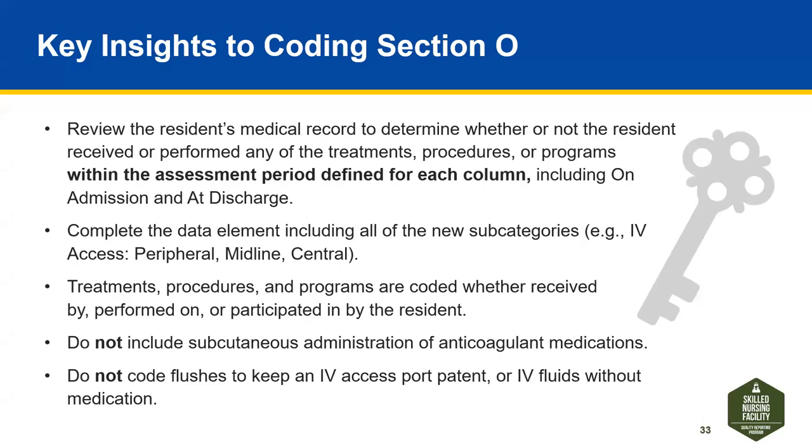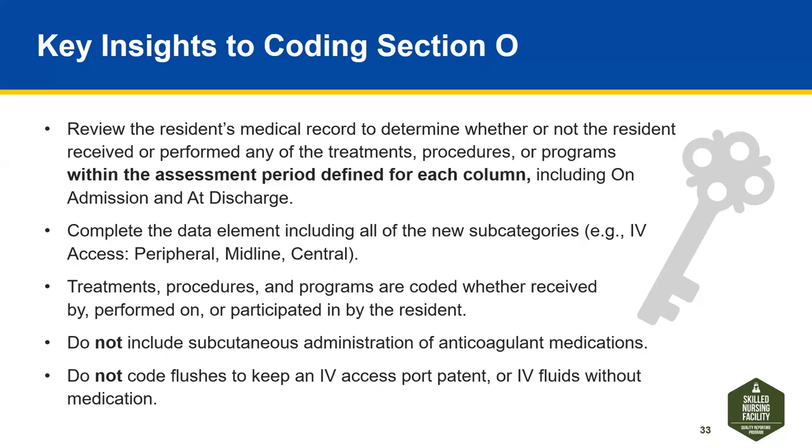So let's just review a few key insights for coding this data element. You're going to review the resident's medical record to determine whether or not the resident received or performed any of the treatments, procedures, or programs within the assessment period that's defined in each column, including on admission and at discharge.